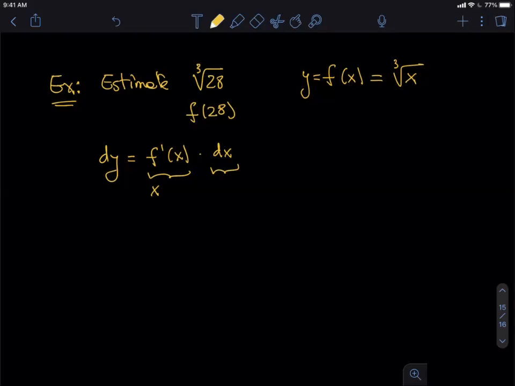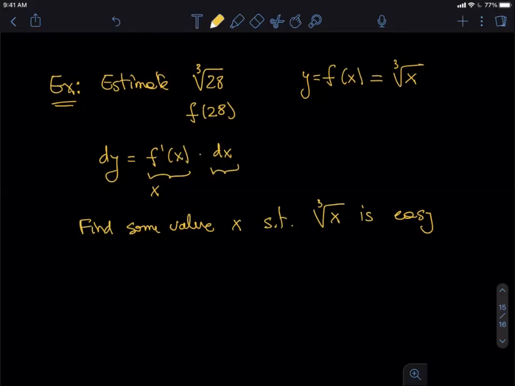So how do we do it? We will need to approximate using some value. We need to find some value x such that the cubic root of x is easy. So my suggestion, 28, it looks like the closest perfect cube is going to be 27, because that's 3 to the power 3.